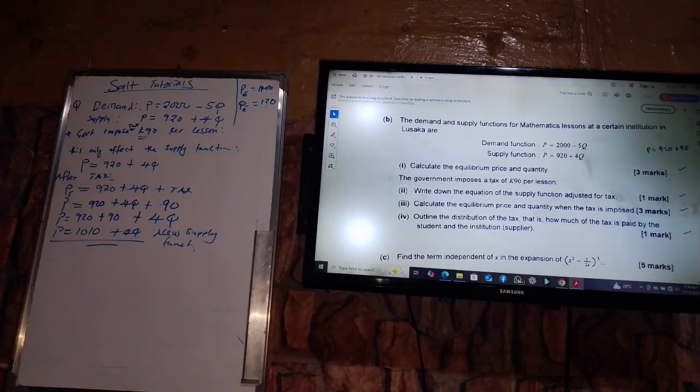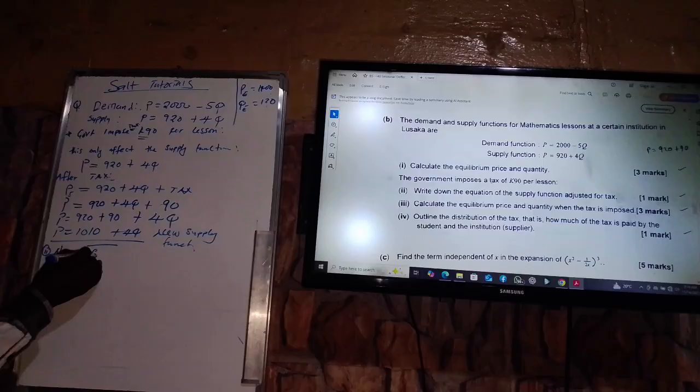Once you calculate the new equation, the next part is for you to calculate what is known as the new equilibrium price and quantity. The same thing as we did in the first place: we want to find the new equilibrium point.